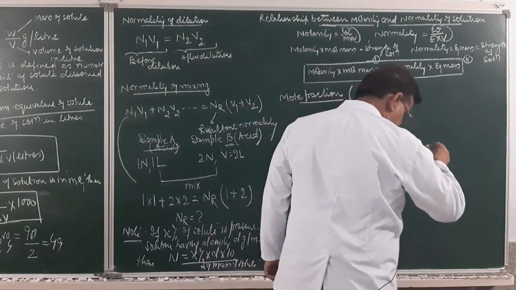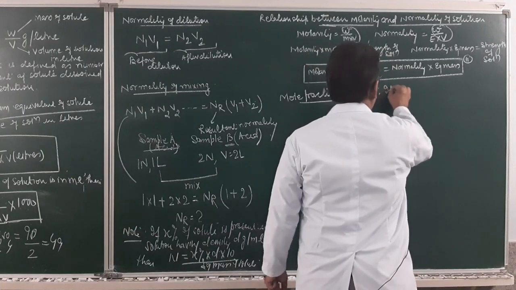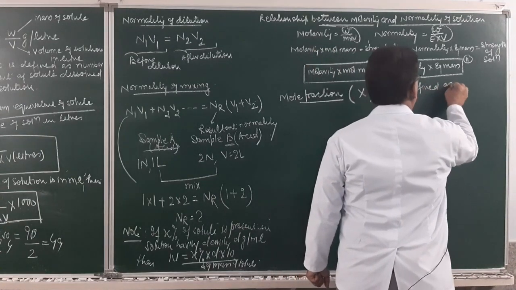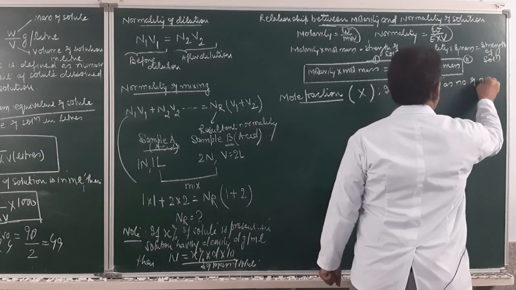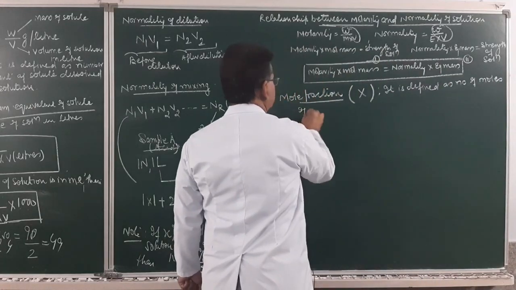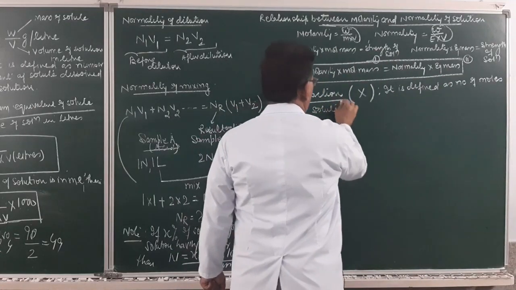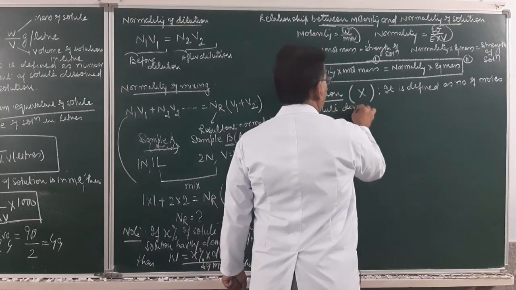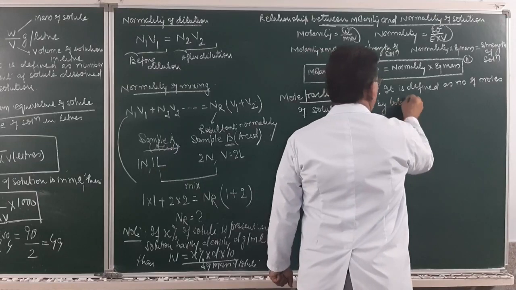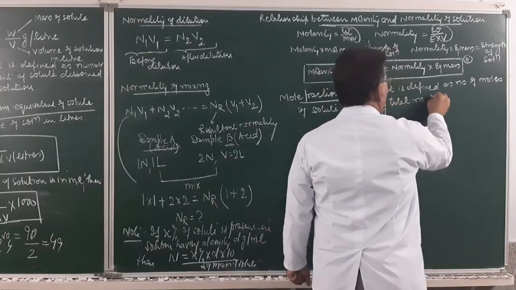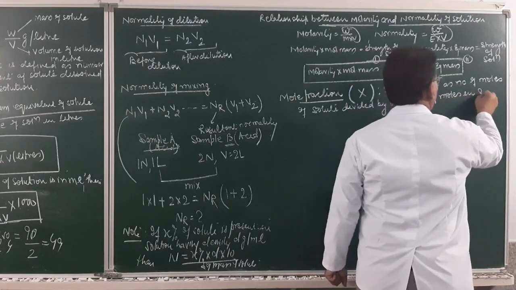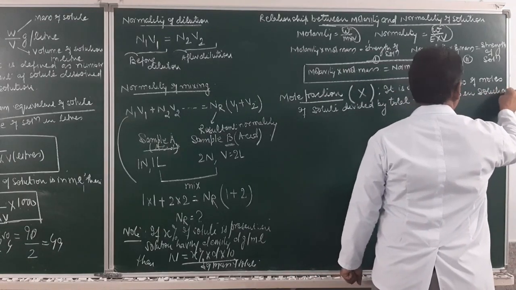So how do we define it? It is defined as the number of moles of solute divided by the total number of moles in solution.